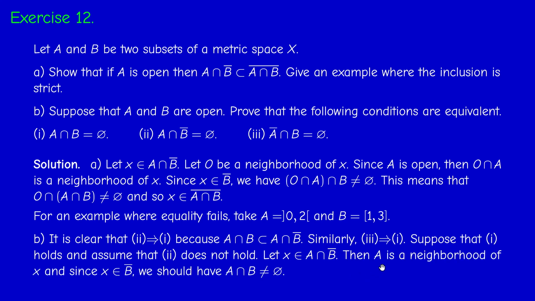Since A is an open set and contains X, then A is a neighborhood of X. But since X is in B bar, A must meet B. Contradiction by proposition 1.8. So this is impossible. So 1 implies 2. And similarly, by symmetry, because A and B play the same role, 1 implies 3. Just change the roles of A and B.